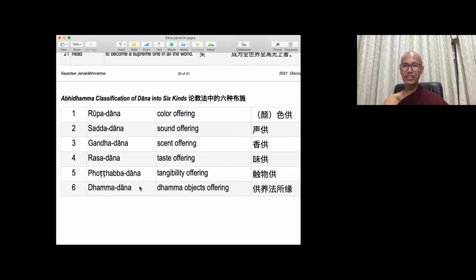The translation should be phenomena. Except the previous 5, the others are combined as Dharma, phenomena. So whatever you donate will be within these 6. So the Abhidhamma way is better. You can cover all.